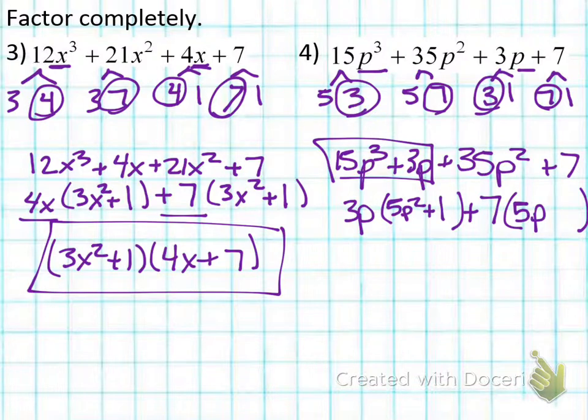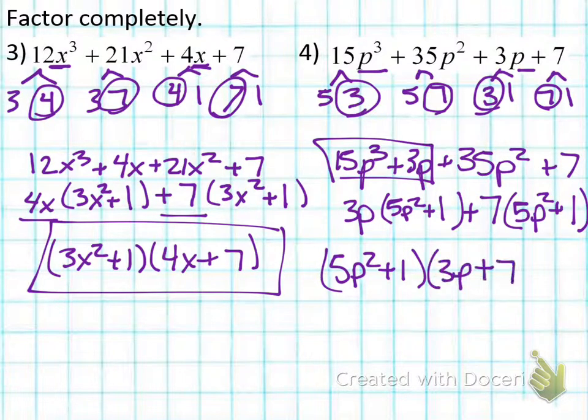And in the second set, 35p squared and 7 have a 7 in common. 35p squared divided by 7 gives me 5p squared. And then 7 divided by 7 is just 1. So what's in the parentheses is common to both terms, so I can factor that out. 5p squared plus 1, and I'm left with 3p plus 7.